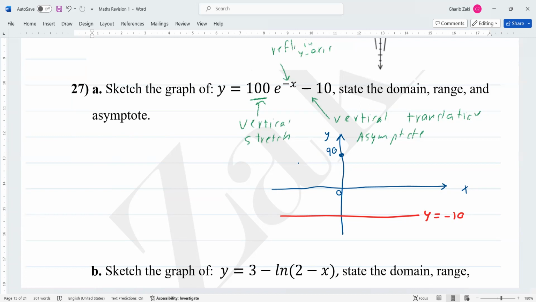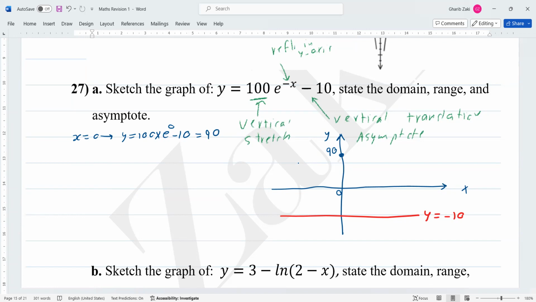First of all, we need the intersection point with y-axis. To get this point, put x equals 0. So replace x by 0. So y equals 100 multiplied by e power 0 minus 10 equals 90. Then the point of intersection with y-axis is 0 and 90.